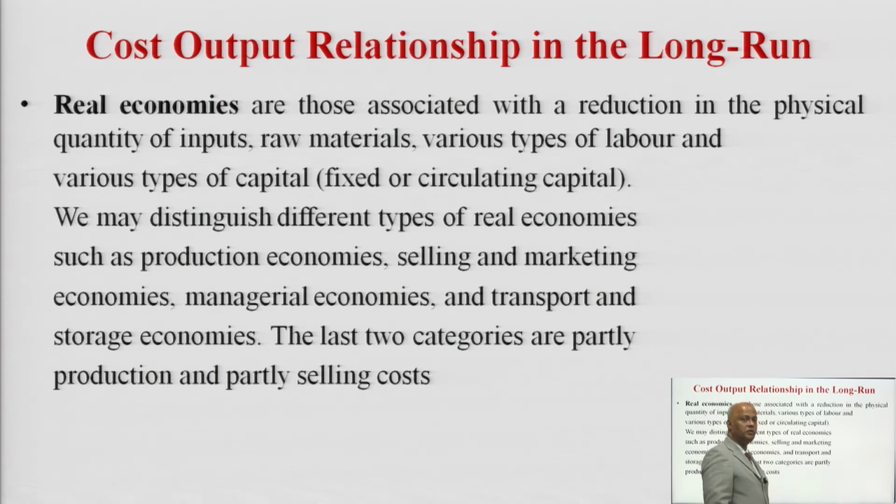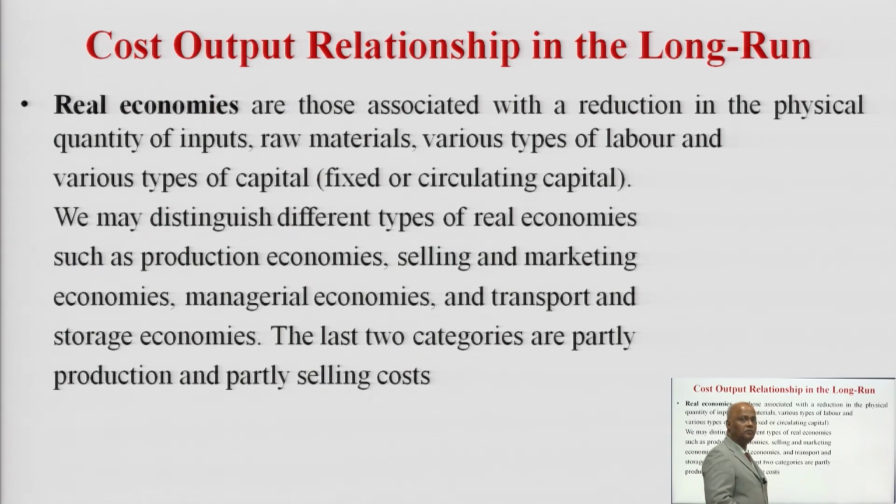In this case, suppose you find that a particular firm is very big and very large. Then it will buy raw materials because there is a huge demand for your product. That is why you are very big in size, and whatever products you produce will be sold in the market, and there will be hardly any inventory.